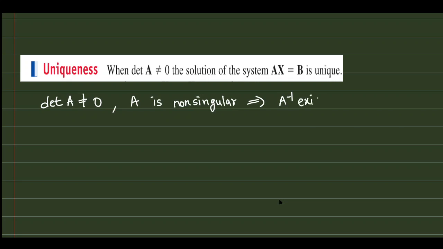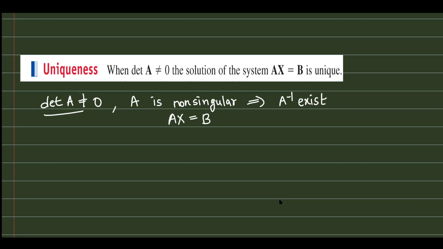The matrix will have an inverse if its determinant is not equal to 0. We have to show that the solution of the system is unique. That is, there is exactly one value of x for which Ax equal to B holds.